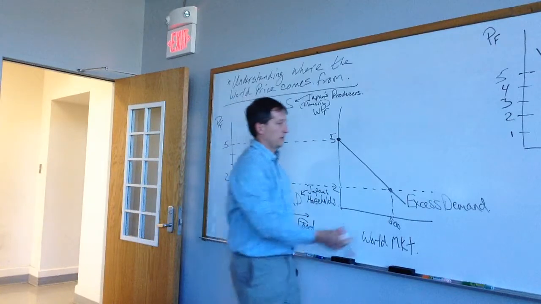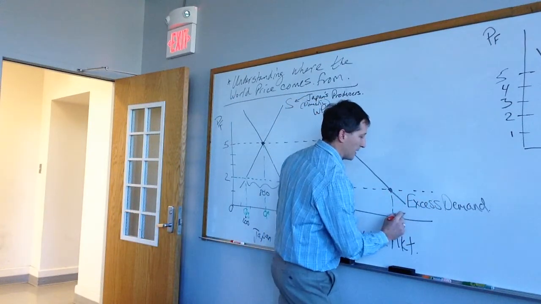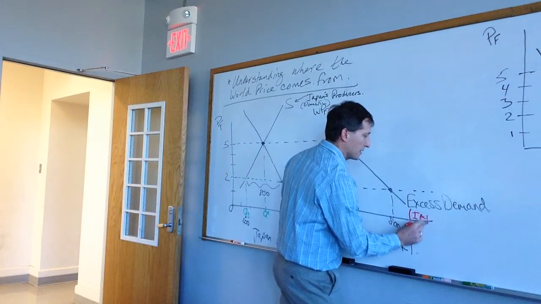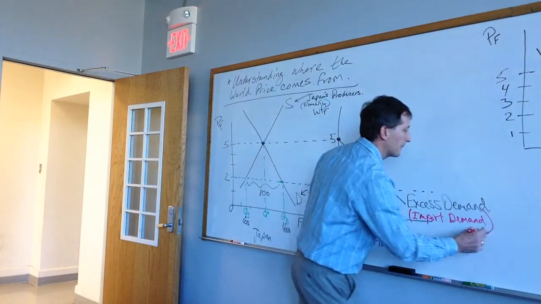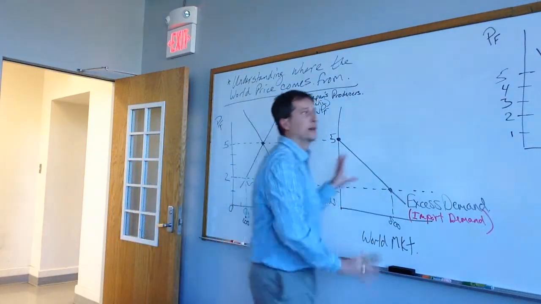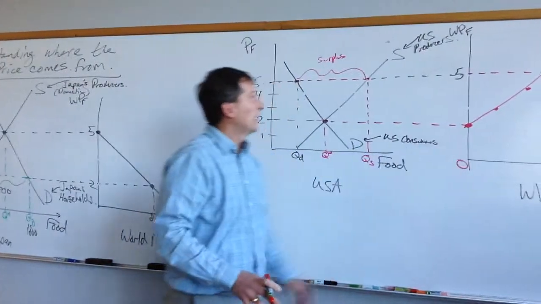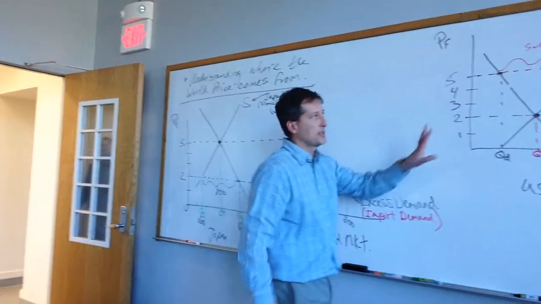And over here, this excess amount that they wanted to purchase could be called maybe the import demand. And now we start to see things coming together, right? We got a buyer, we got a seller out in the world market. All right, questions on the setup.